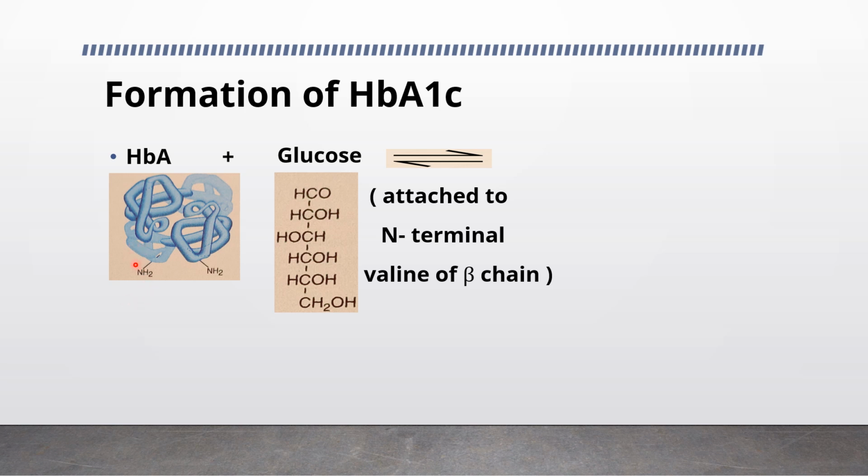These are the beta chains and the N-terminal valine. These glucose molecules get attached and form a molecule known as Schiff's base. This Schiff's base is also known as pre-HbA1c.